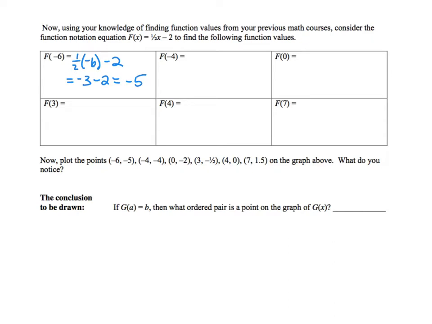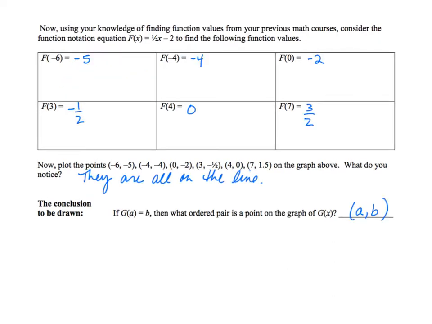I'd like you to figure out the remaining values in this table, and then plot the points that are listed here on the graph above in your guided notes, and state what you notice and draw a conclusion. Press pause on your video feed, and when you're ready to see the answers, press play again. Okay, so all these values are listed here.